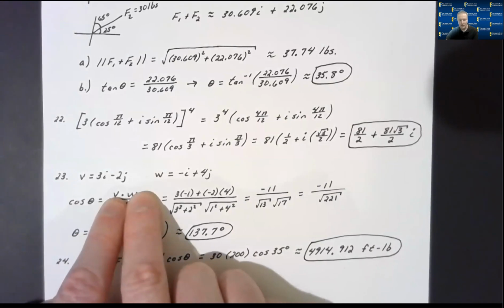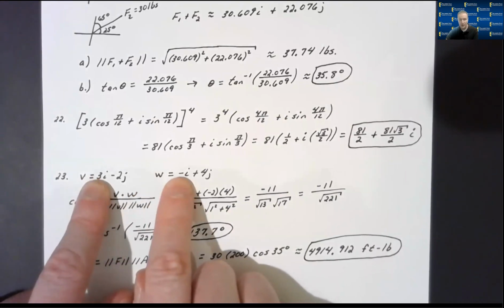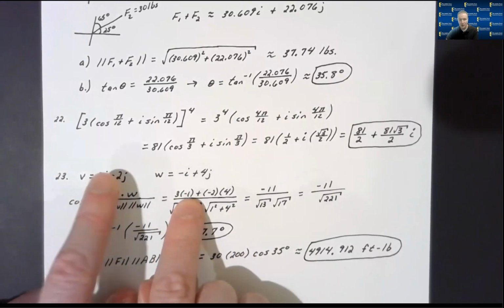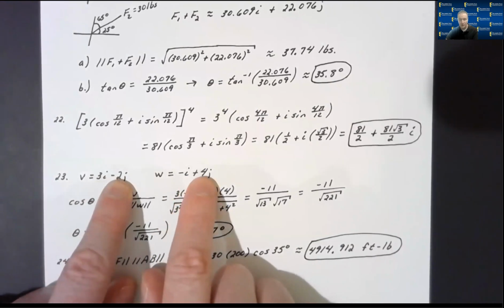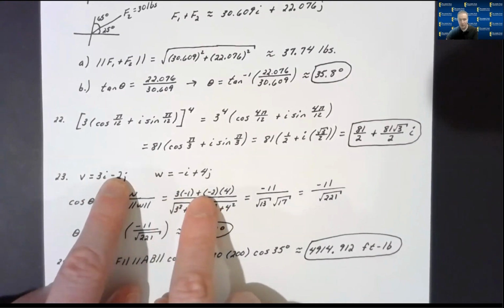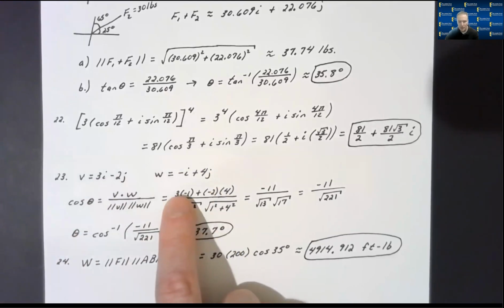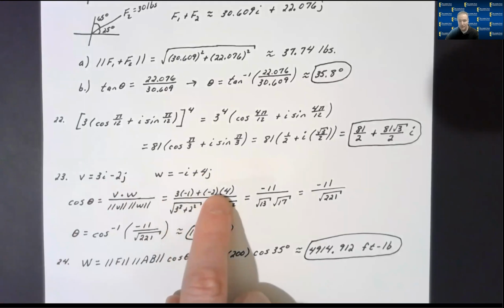So the dot product of v times w, we just say, well, okay, it's going to be the horizontal coefficients multiplied, 3 times -1, plus the vertical coefficients multiplied, -2 times 4. My numerator is going to give me -3 plus -8.